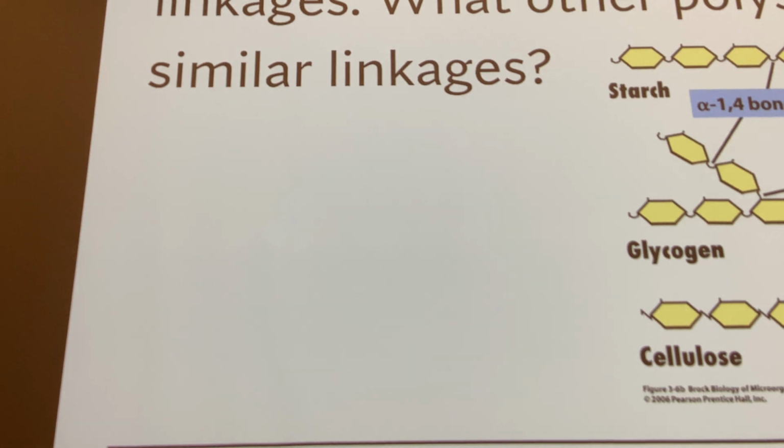Beta-1,4 linkages are pretty strong. They're similar to glycogen and cellulose, having these alpha or beta-1,4 bonds, which are very common in other polysaccharides.